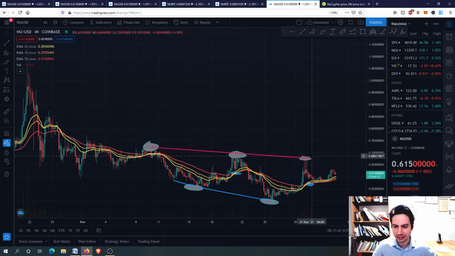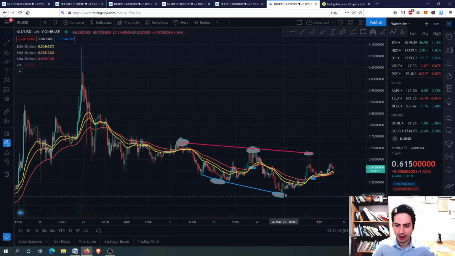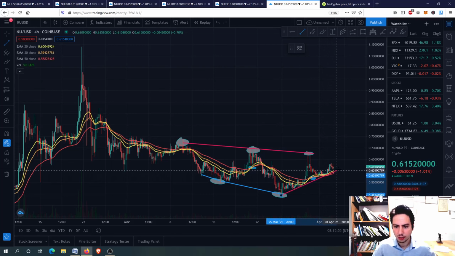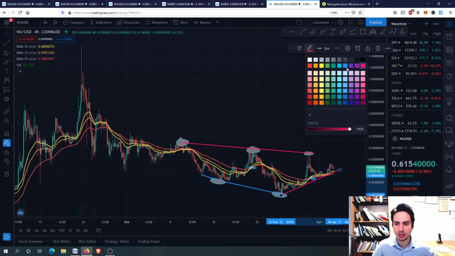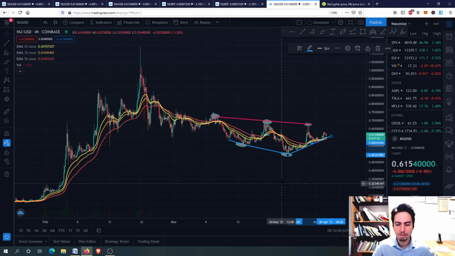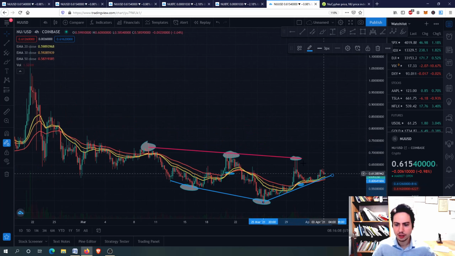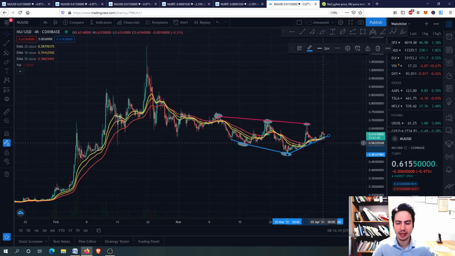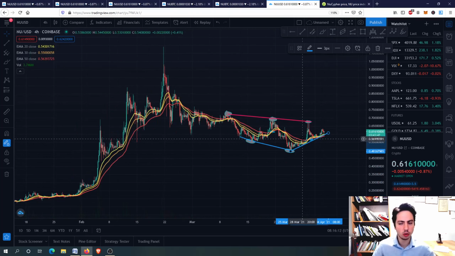However, I want to see this particular line reaching better bottoms, higher lows, doing something like this. If we see that, then we will see a squeeze point where we might see a pump up afterwards, but we have to be patient.